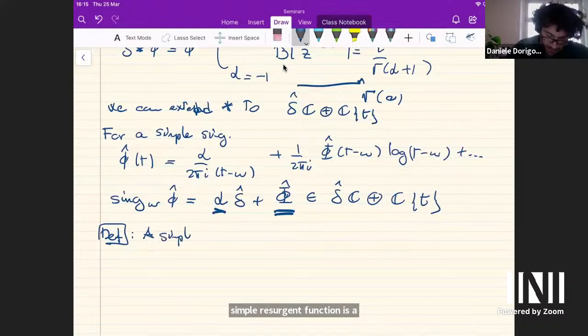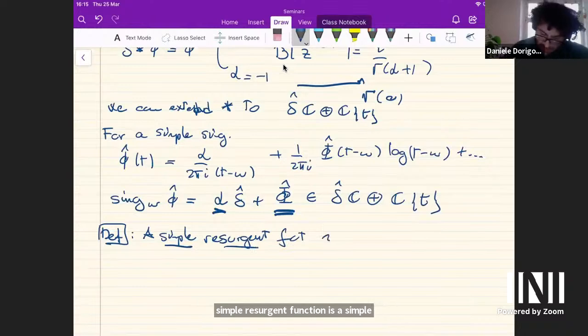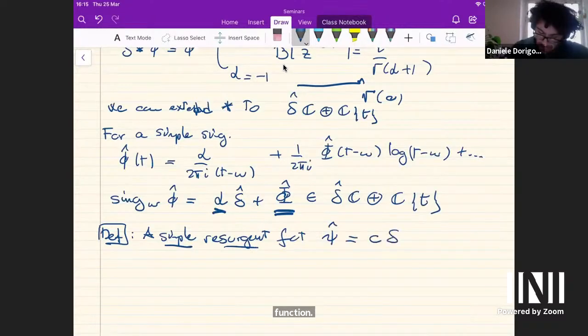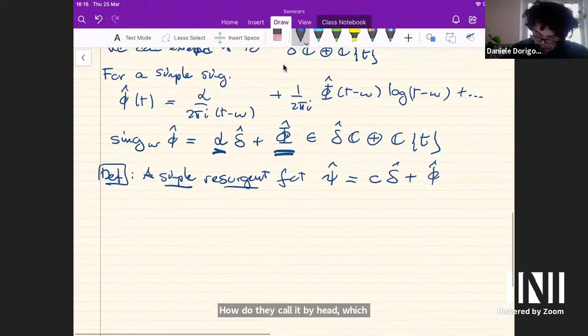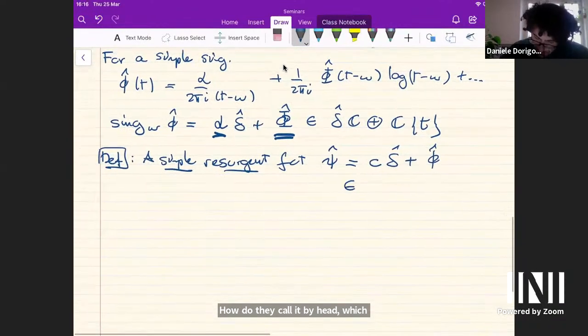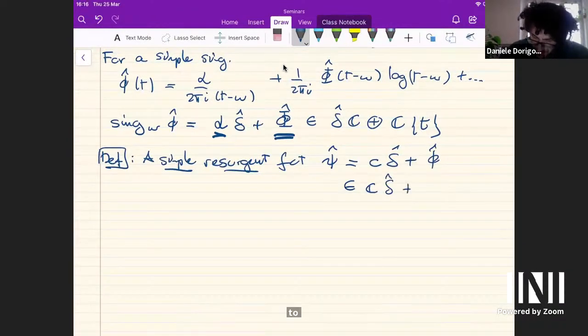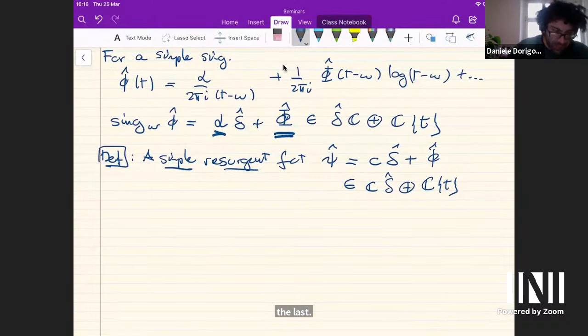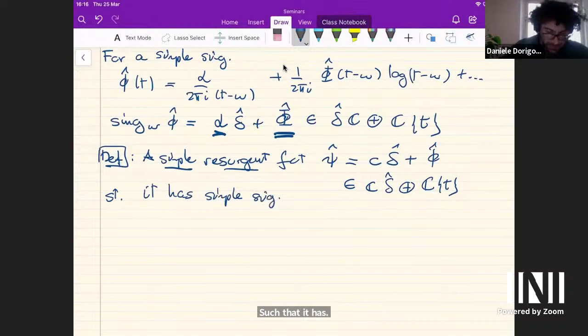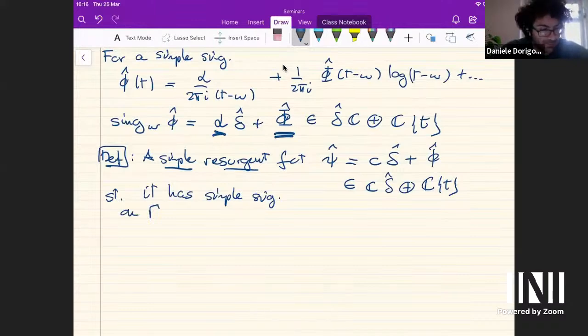A simple resurgent function, we call it psi, of the form C delta plus phi hat, which belongs to C delta plus the germ of analytic functions at the origin, such that it has simple singularities on gamma, this set of singularities that was given by our problem.